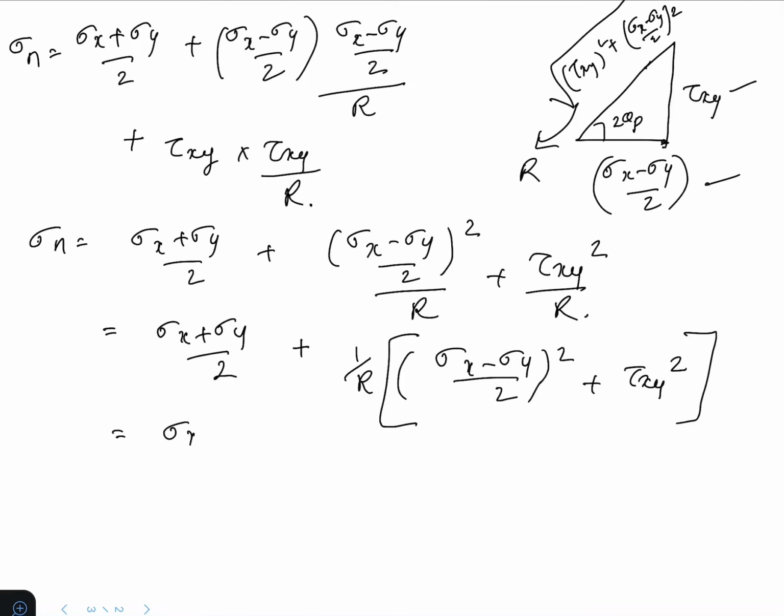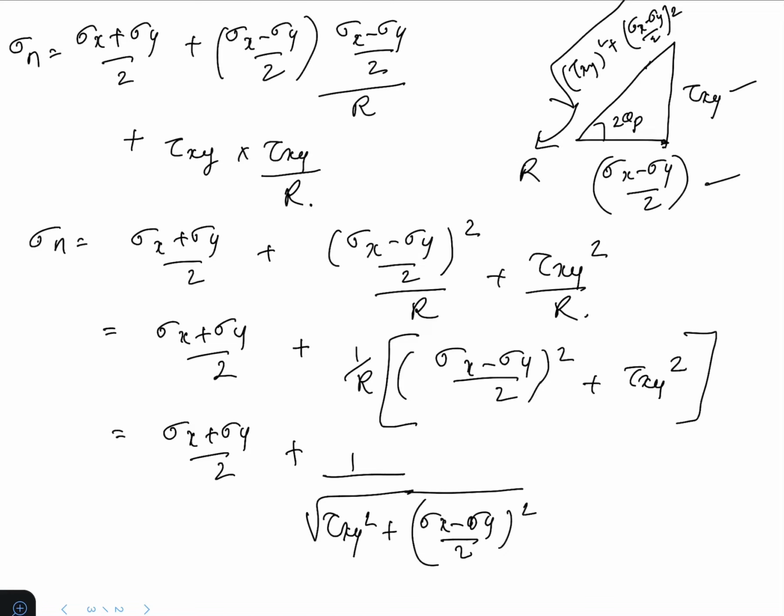So we have sigma x plus sigma y by 2 plus 1 by r. 1 by r is what value? 1 by root of tau xy square plus sigma x minus sigma y by 2 whole square, into the same thing here. Let us rearrange: tau xy square plus sigma x minus sigma y by 2 whole square.